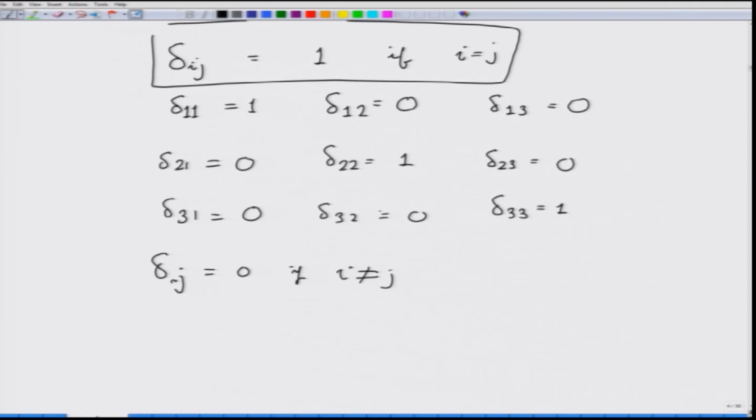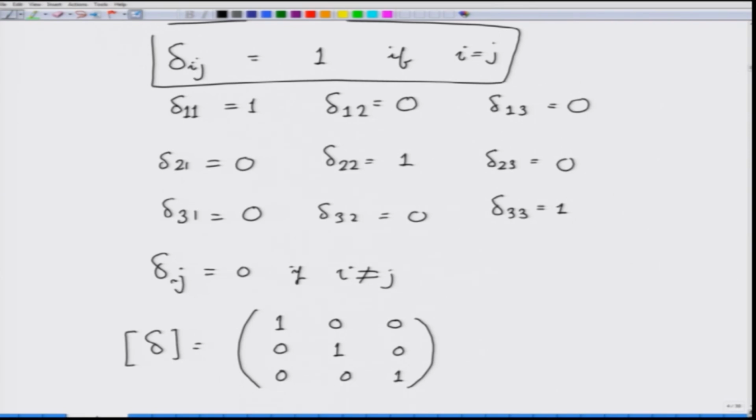If I were to represent this delta symbol as a matrix, it is going to be 1 0 0, 0 1 0, 0 0 1. This is the delta matrix, if you like.